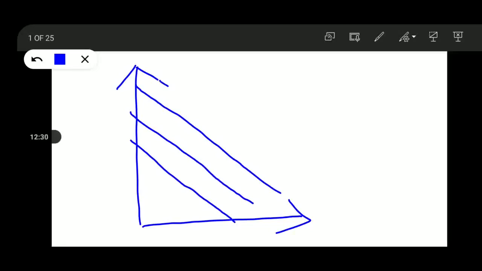These downward sloping lines are known as isocost curves.